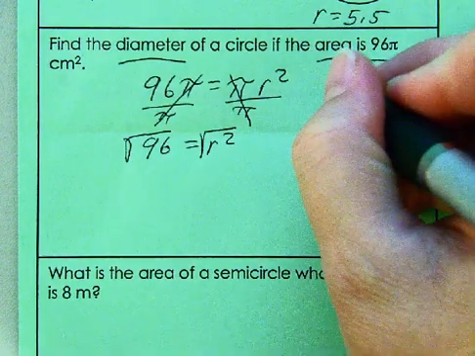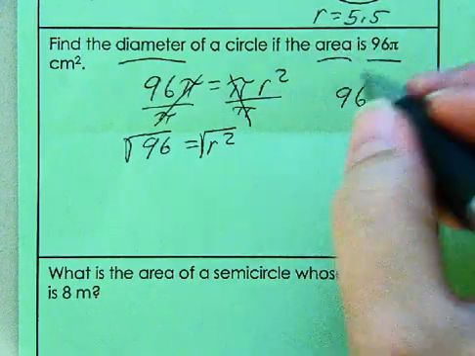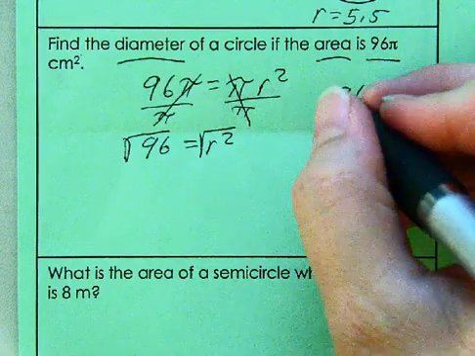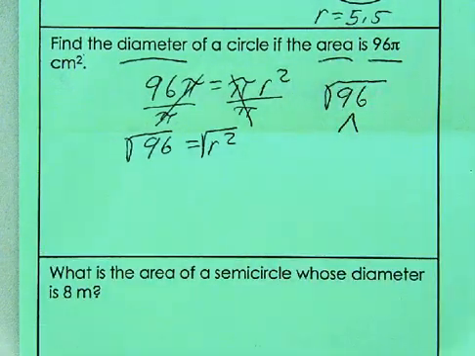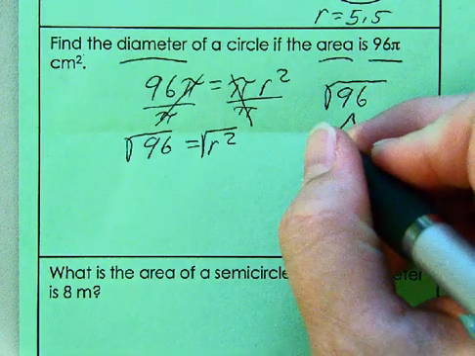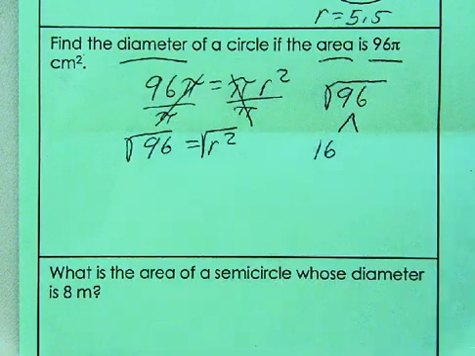So I need to find out what the square root of 96 is. So I'm going to find my factor pairs. And remember, when we're simplifying radicals, we're looking for perfect square factor pairs. That's like 4, 9, 16, 25, 36, those kinds of numbers. So for this one, 16 will go into 96 evenly.